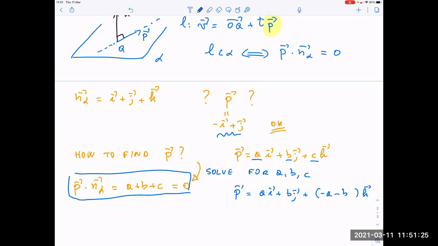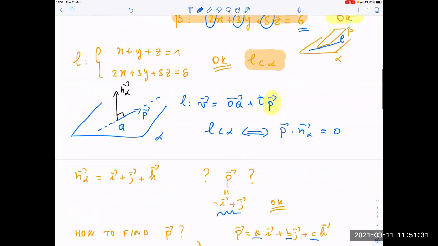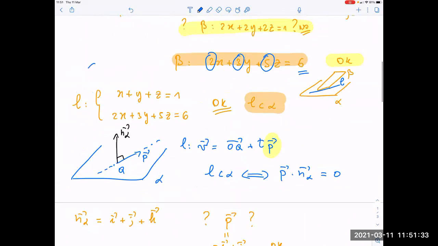So now we write down the parametric form of the line. So what we got here is Cartesian equations. Remember, not only one, but there are two equations.